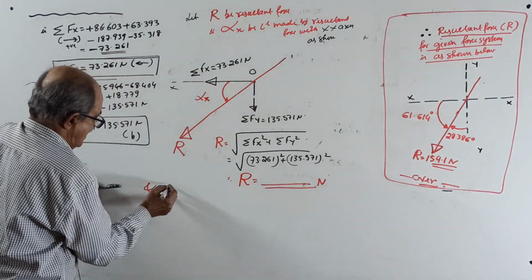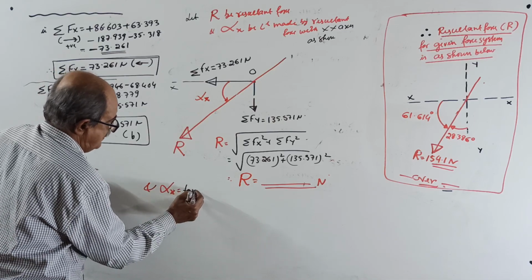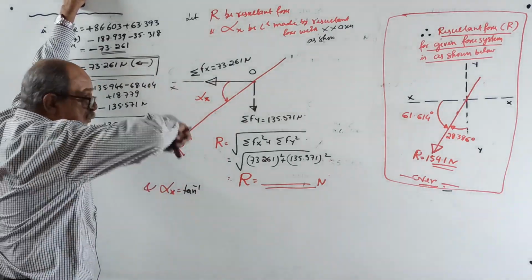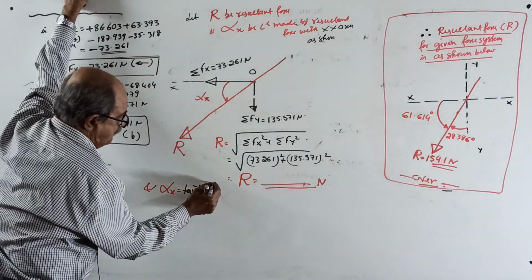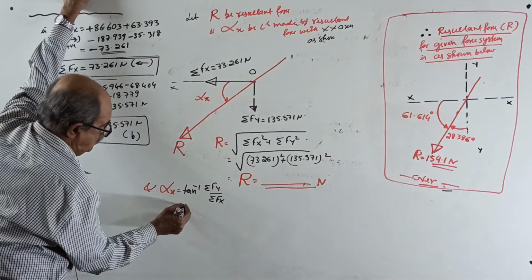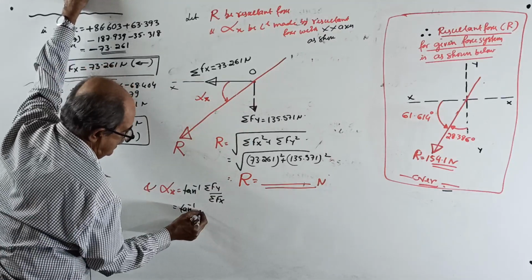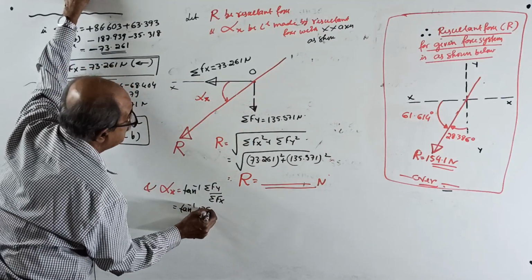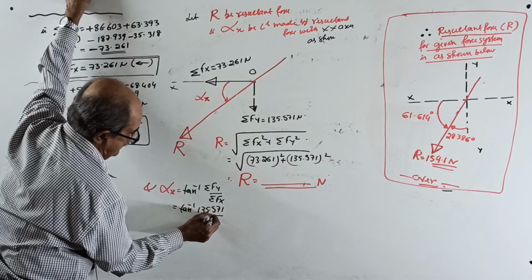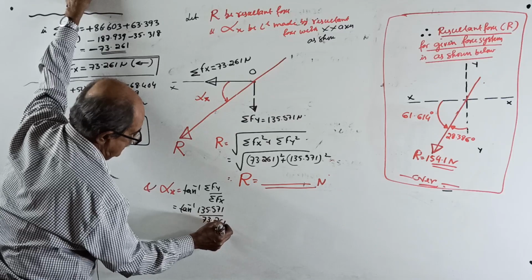And alpha x is tan inverse of, remember, if you want the angle with the x direction, it is opposite first: sigma fy by sigma fx, equal to tan inverse of 135.571 divided by 73.261.